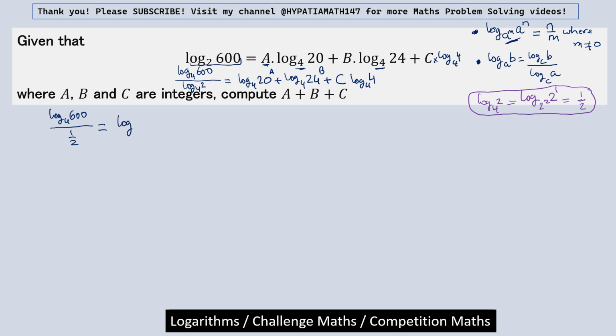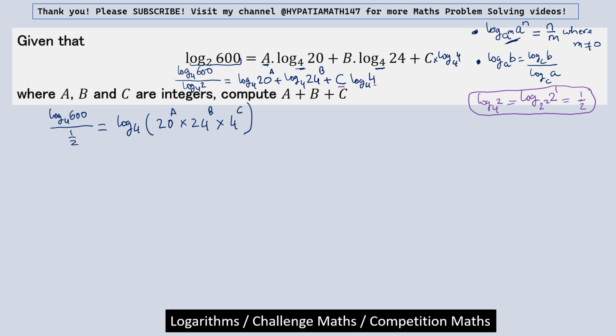log to the base 4. I can take 20 to the power a multiplied by 24 to the power b multiplied by 4 to the power c, since c times log to the base 4 of 4 can be written as 4 to the power c.